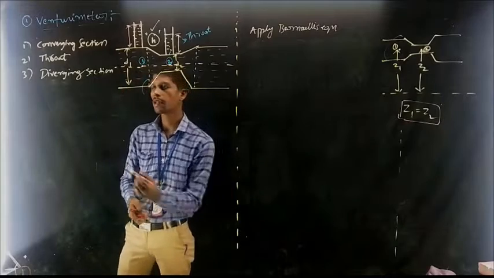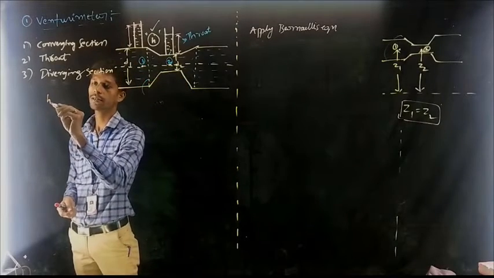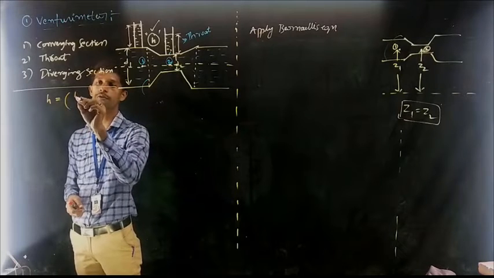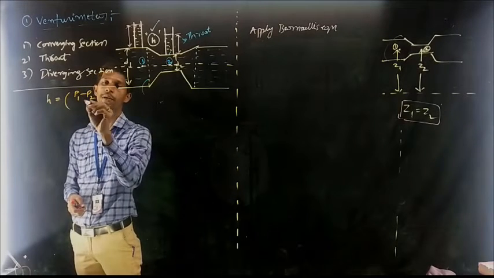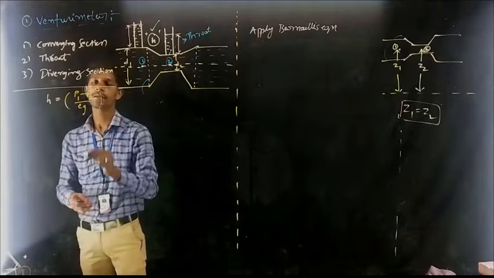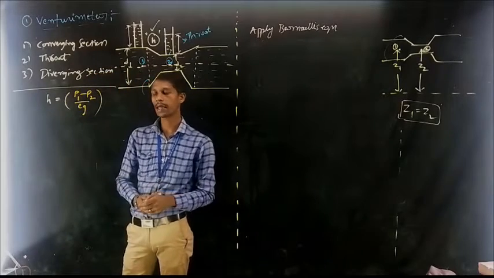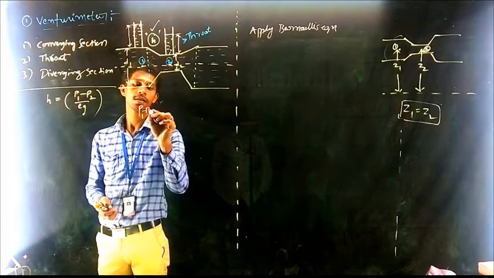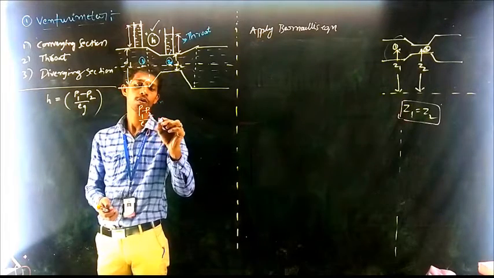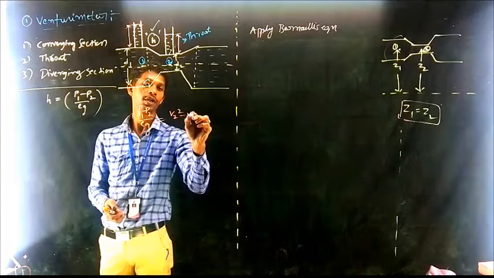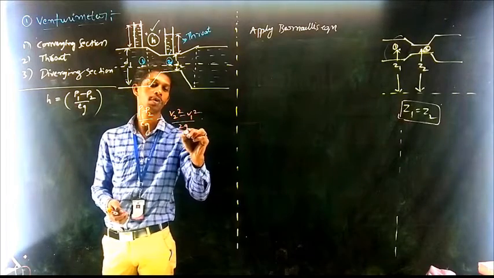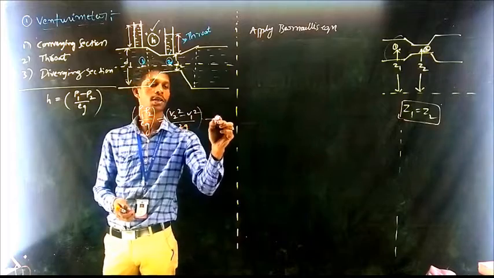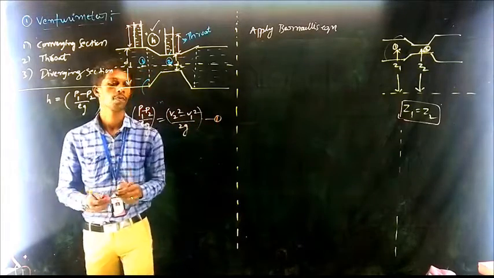In the previous step we got h is equal to P1 minus P2 by rho g, which is called the difference of pressure heads. And from the earlier equation, P1 minus P2 by rho g is equal to V2 square minus V1 square by 2g. So it is 1 and it is 2.